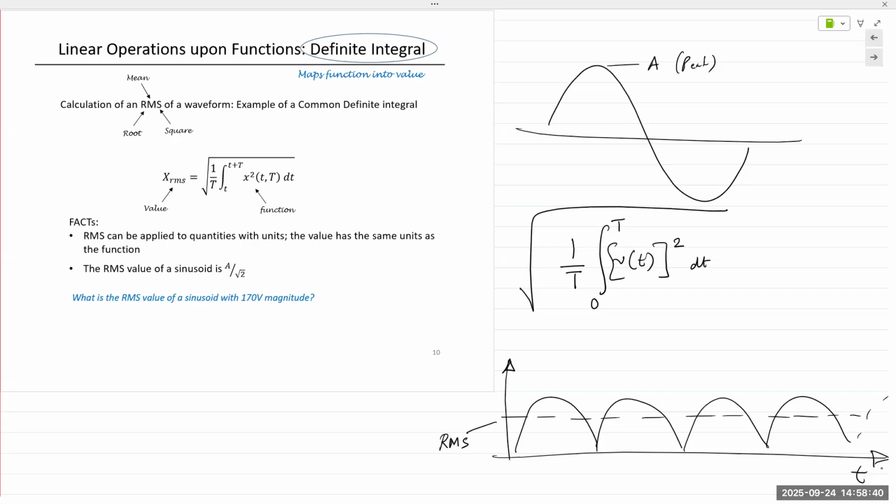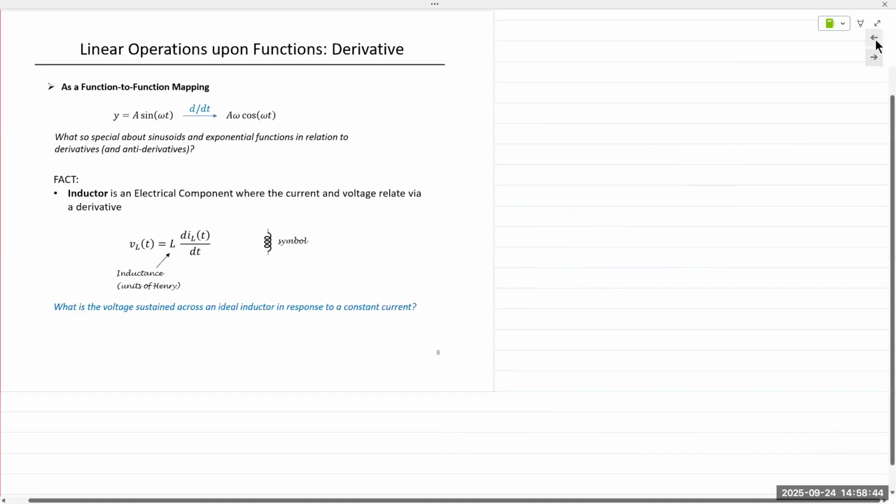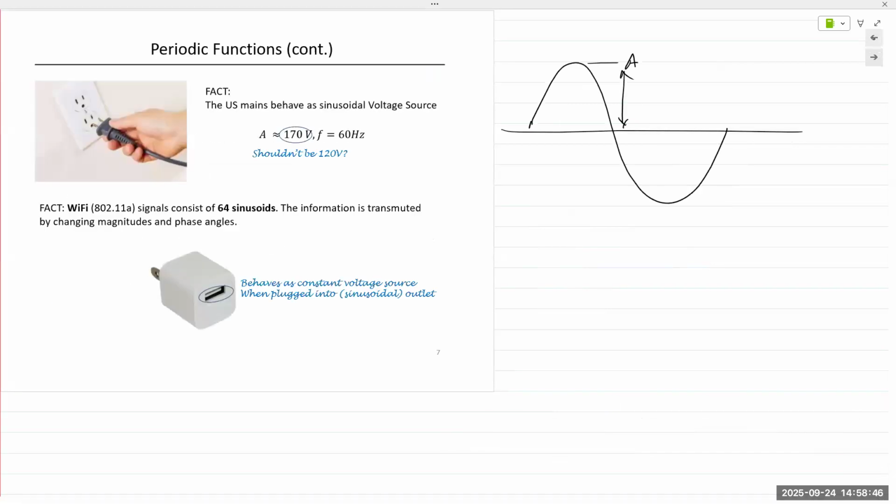The peak value is not 120. The peak value is actually 170, which is where this one comes from. And that is also only one positive peak. So this is plus 170, and this would be minus 170.